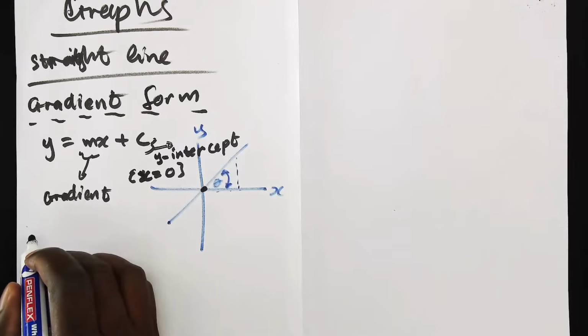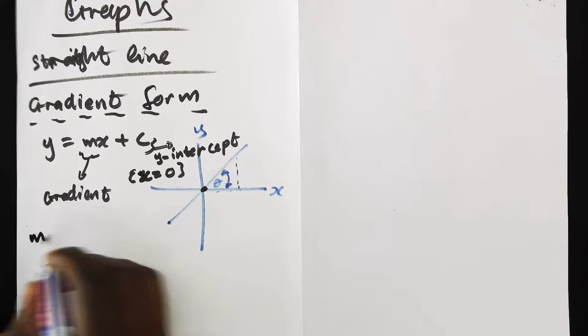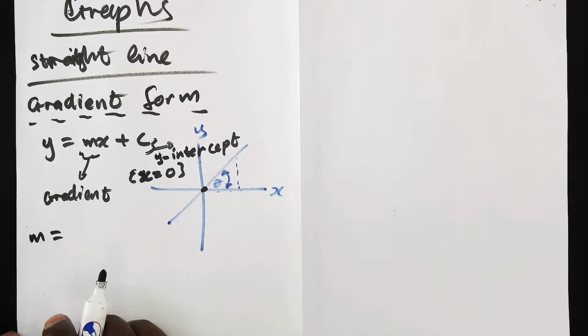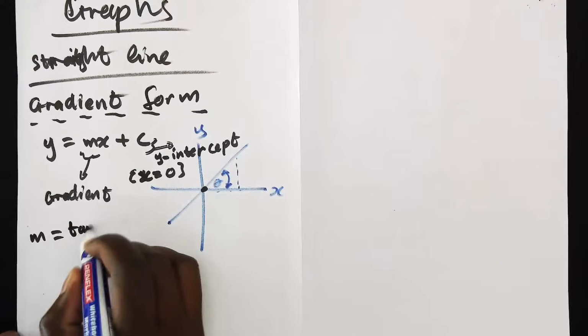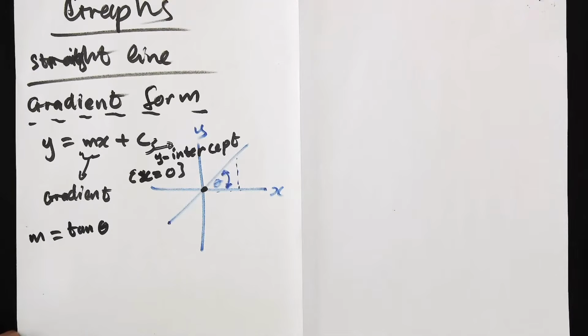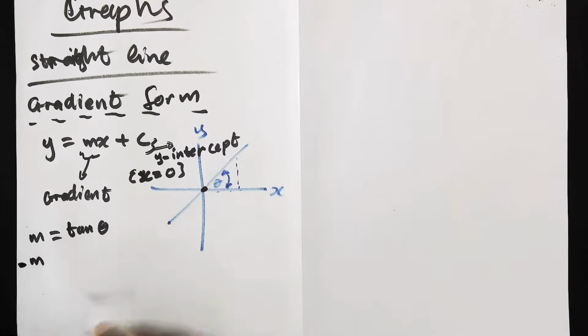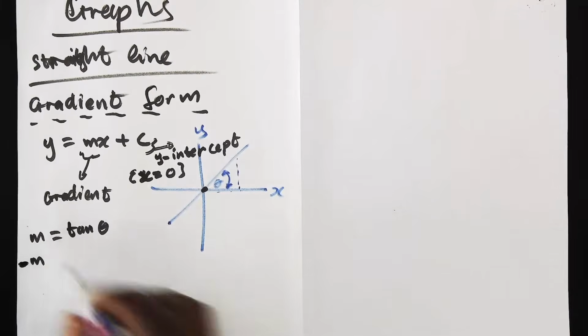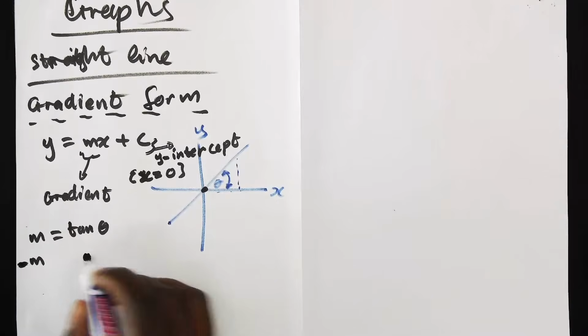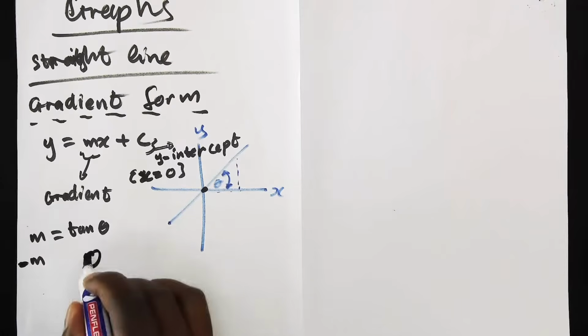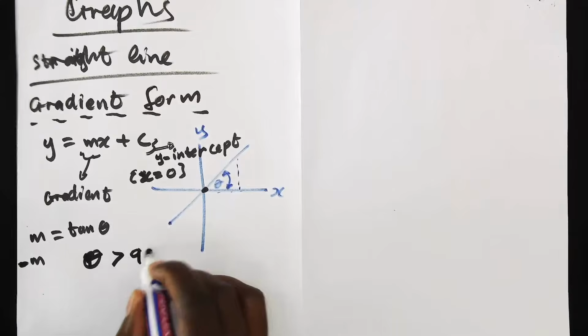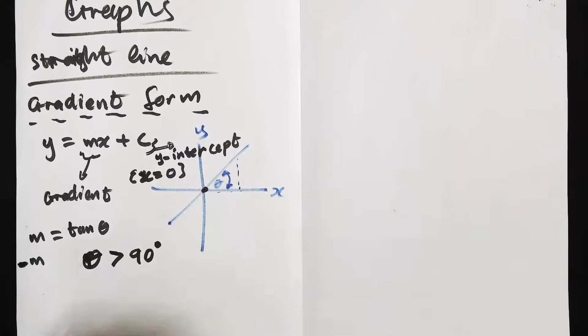Just to give some background, if you wanted to find the gradient m, we know that m is equal to tan theta. If the gradient is negative, we need to note that the angle theta is greater than 90 degrees.